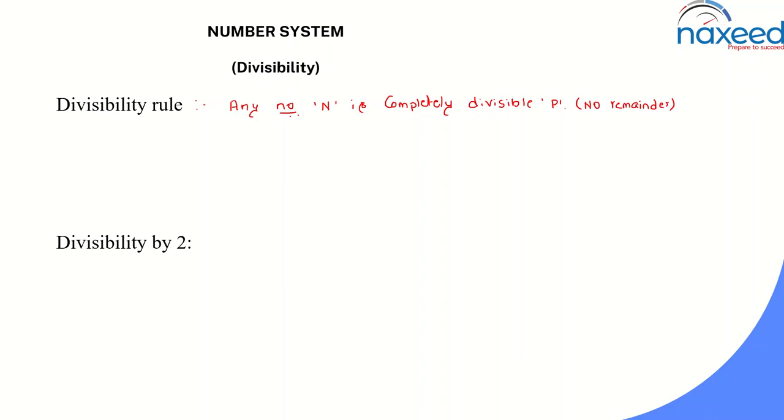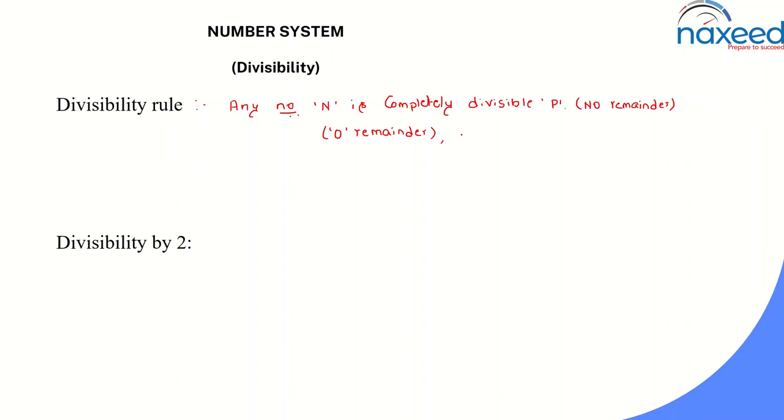That number is what we call divisible by the number p. It should be a zero remainder. When p divides n, we require a zero remainder. This is the divisibility rule.